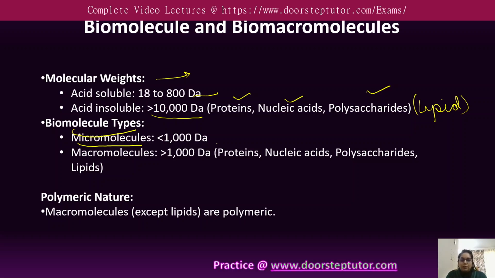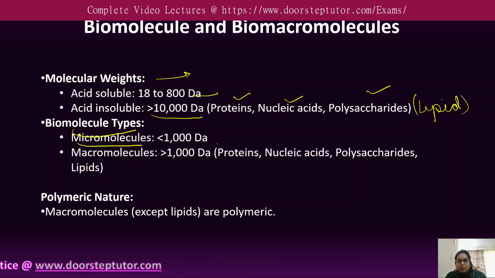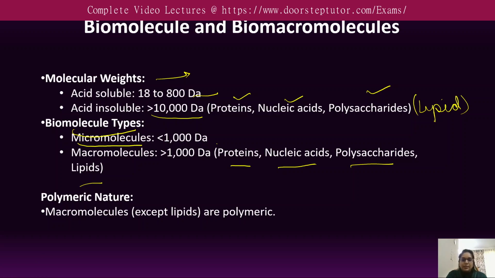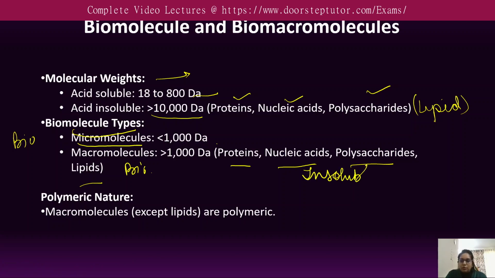Those molecules with a molecular weight greater than 1000 daltons, which include protein, nucleic acid, polysaccharide, and lipids, are known as macromolecules or biomacromolecules, while the micromolecules are known as biomolecules. These macromolecules are found in the acid insoluble fraction with a molecular weight exceeding 1000 daltons.